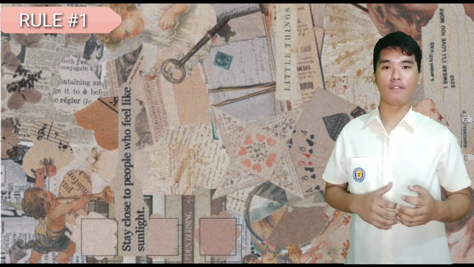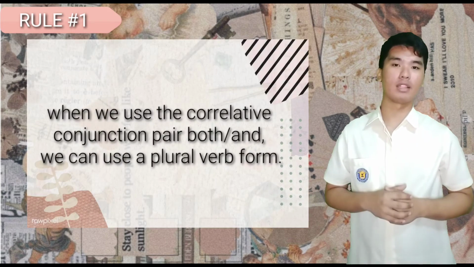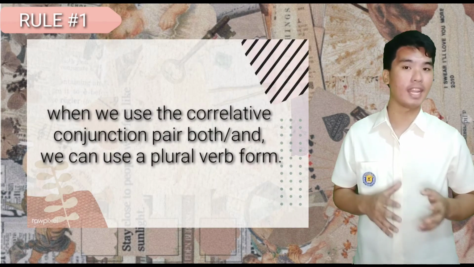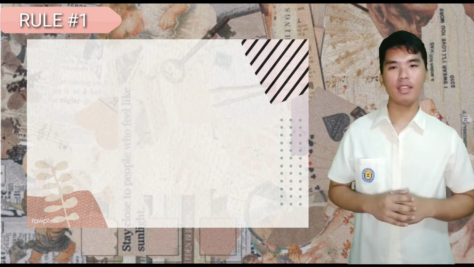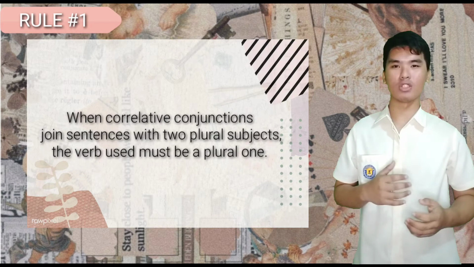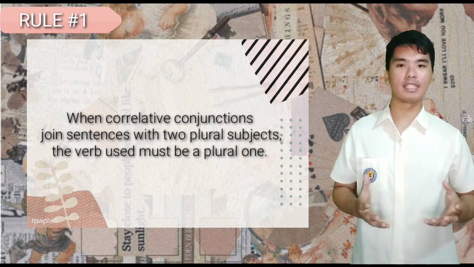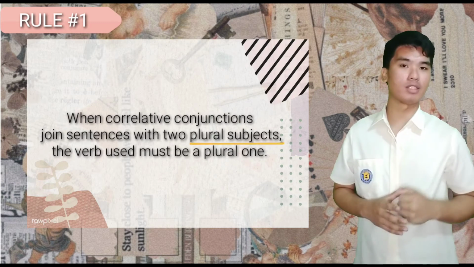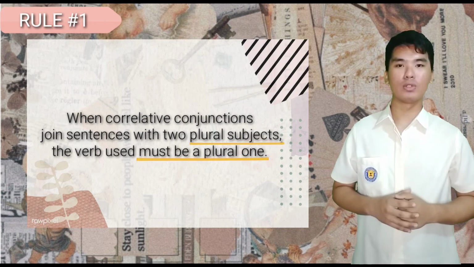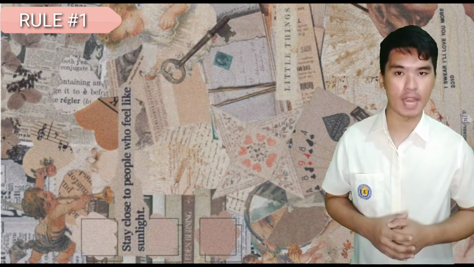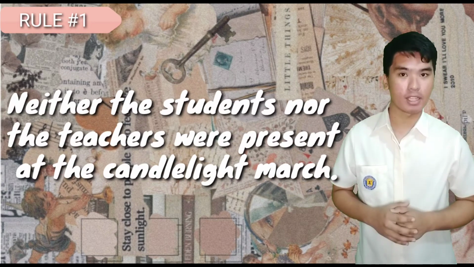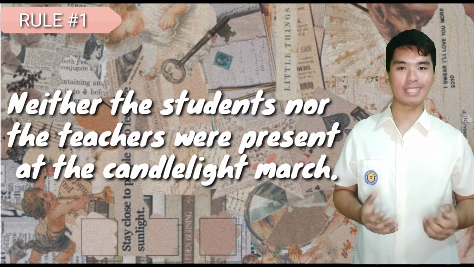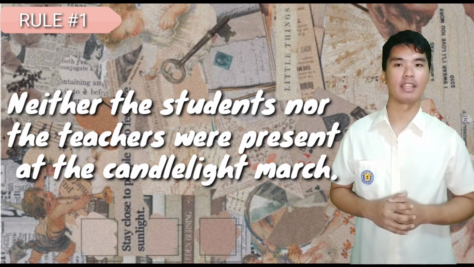However, when they use the correlative conjunction pair both and, we can use a plural verb form. In addition, when correlative conjunctions join sentences with two plural subjects, the verb used must also be a plural one. Okay, example. Neither the students nor the teachers were present at the candlelight.